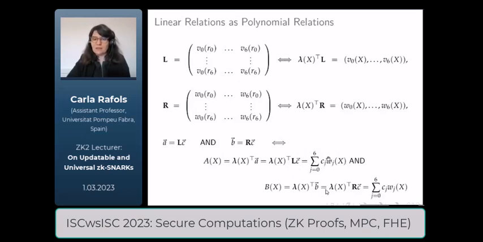Oh, sorry, this is a B. So this should be a linear combination of these polynomials that encode the columns of the matrix.